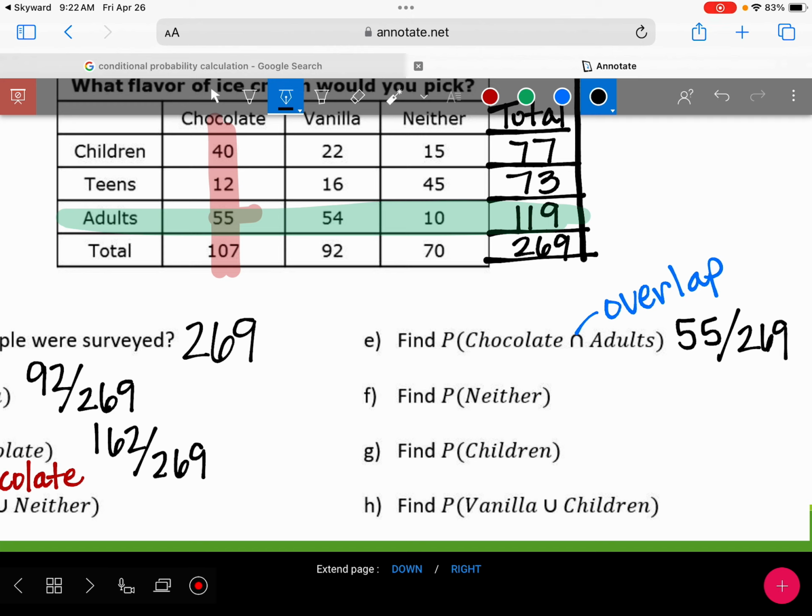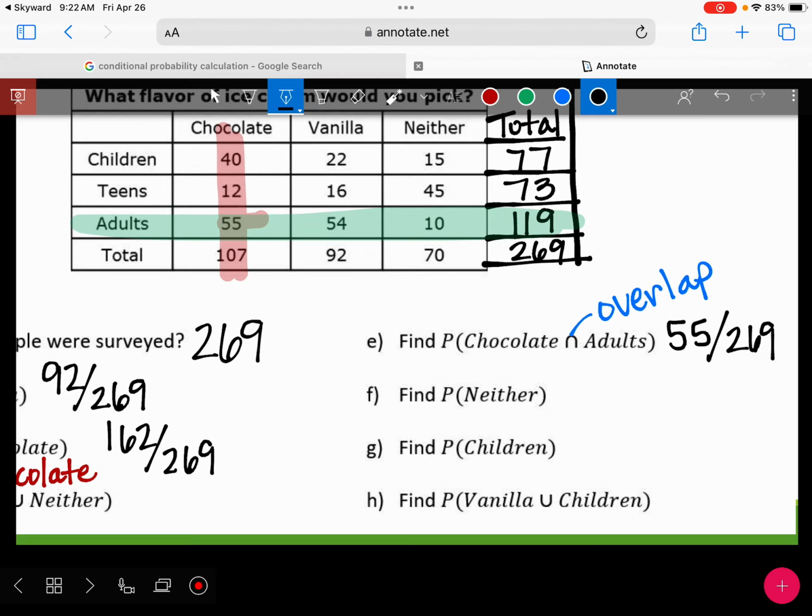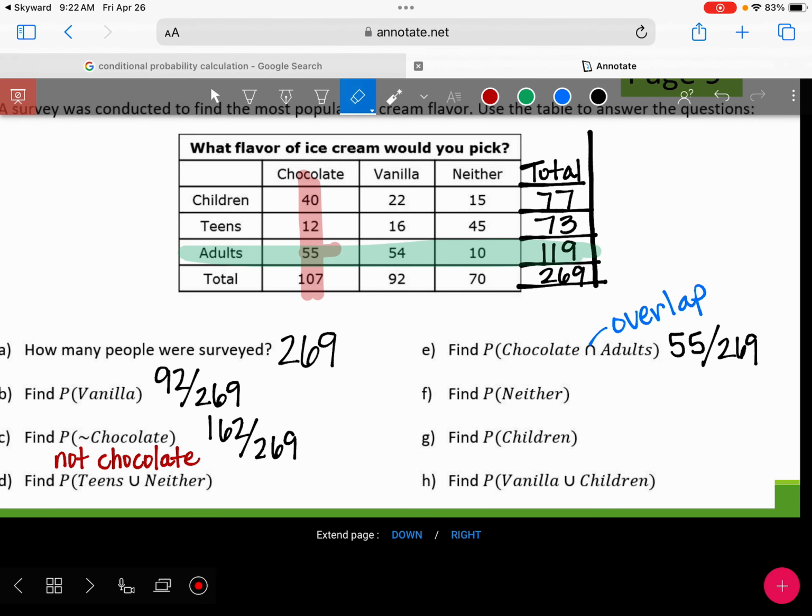All right, try to do F by yourself. What's the probability that the person said they like neither? Altogether, there were 70 people who said they like neither.